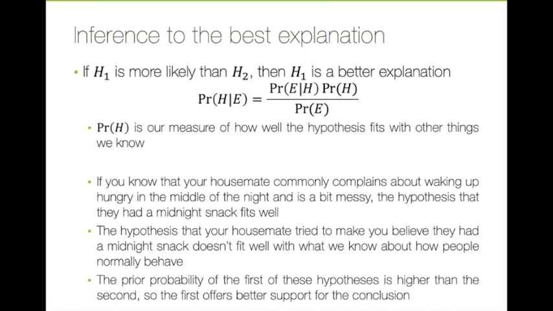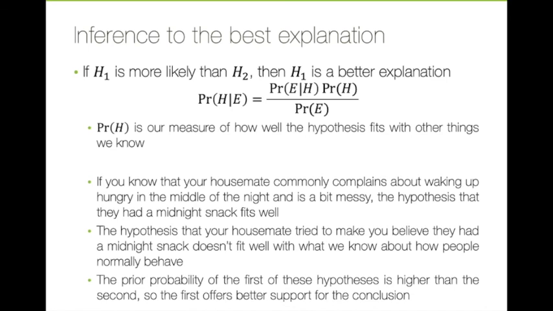The hypothesis that your housemate tried to make you believe they had a midnight snack by setting things up, that doesn't really fit well with what we know about how people normally behave. So the probability of that hypothesis is much lower. So since the prior probability of the first of these hypotheses is higher than the prior probability of the second, the first one offers better support for the conclusion.